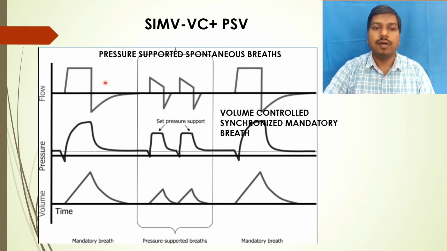So synchronized intermittent mandatory ventilation with a pressure support ventilation will be better than synchronized intermittent mandatory ventilation alone. So the work of breathing of the patient can be reduced if we add pressure support to the spontaneous breaths which are taken by the patient in between the mandatory breaths.